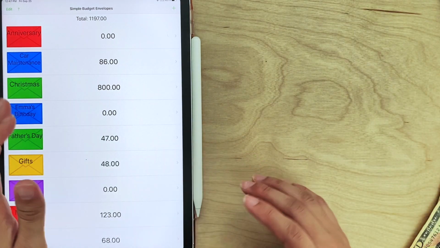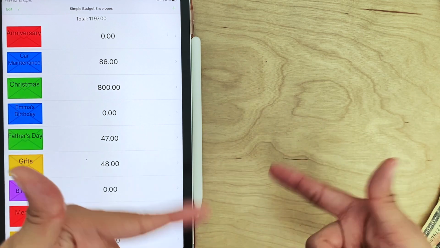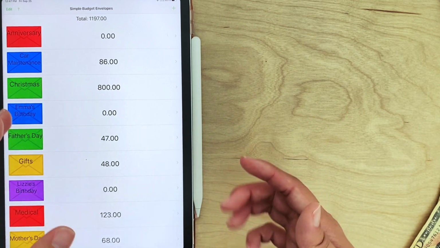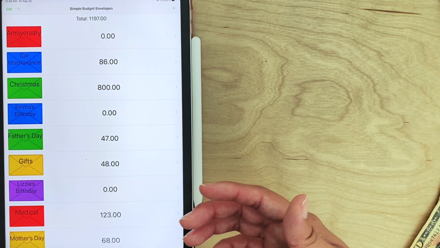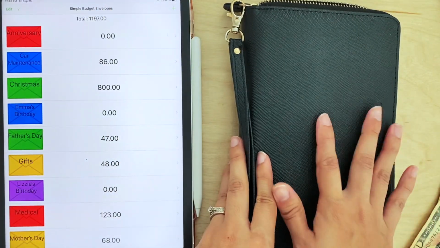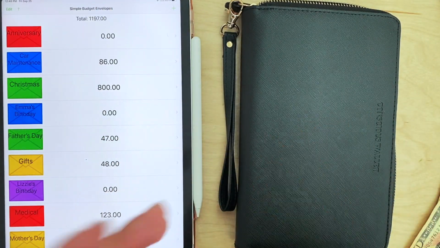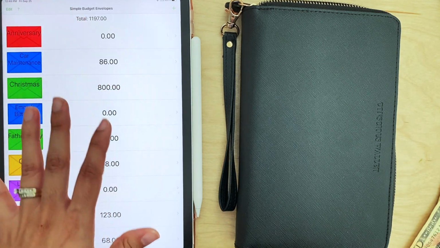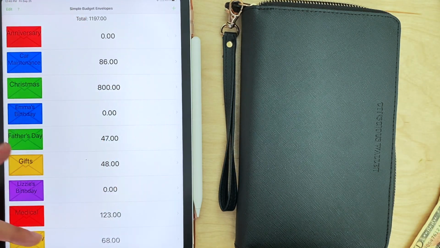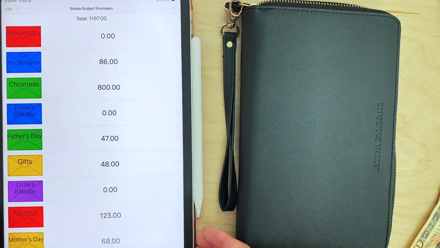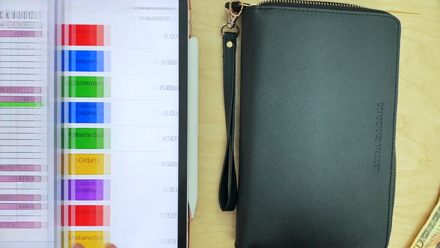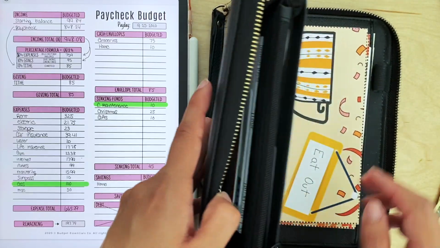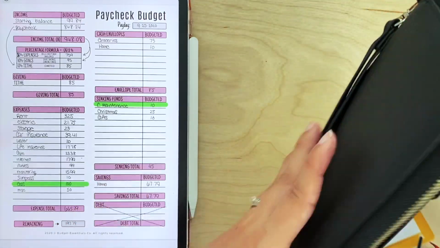I really like using this. Let's say you don't have physical cash envelopes like this and you do everything on your account, you can have it broken down like this and track your spending this way. So again, I just wanted to show you guys that because I thought it was really cool. I thought you guys might like that.